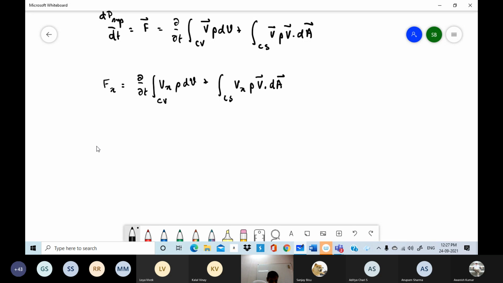So then we showed that del by del t for the small element which we were considering.